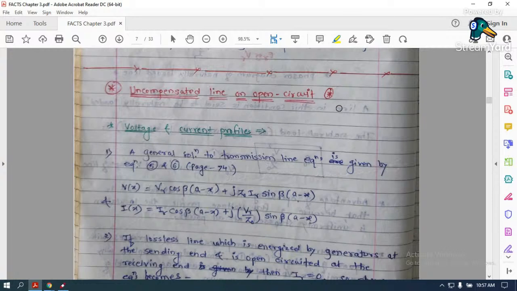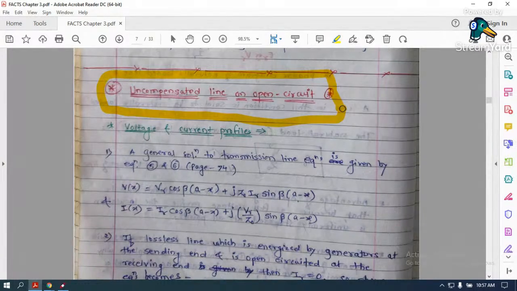अनकॉम्पेन्सेटेड लाईन ऑन अ ओपन सर्किट. बघा नीट फोकस ऑन दिस. What is it saying? Uncompensated, no compensator, right? Normal transmission line. What if there is no load? Means your line is open circuited.